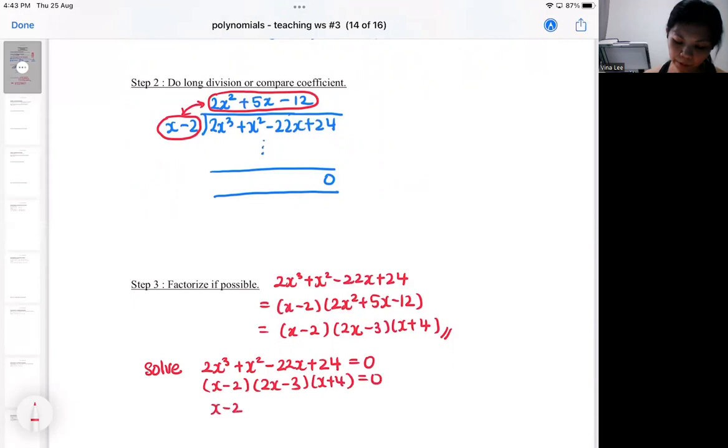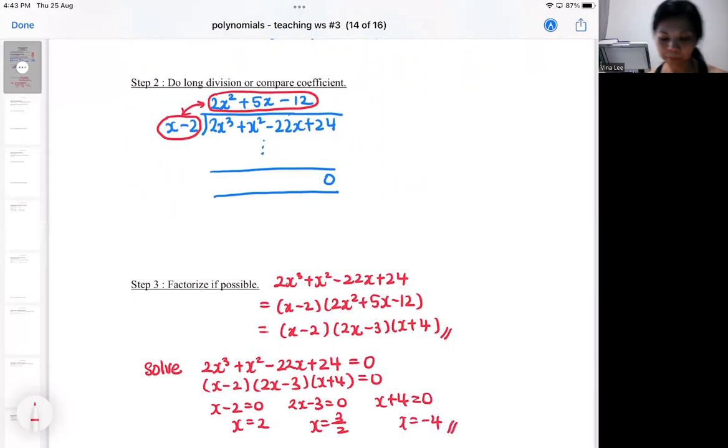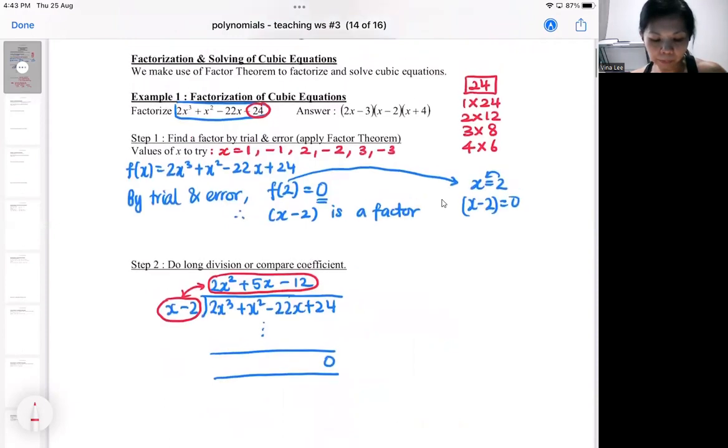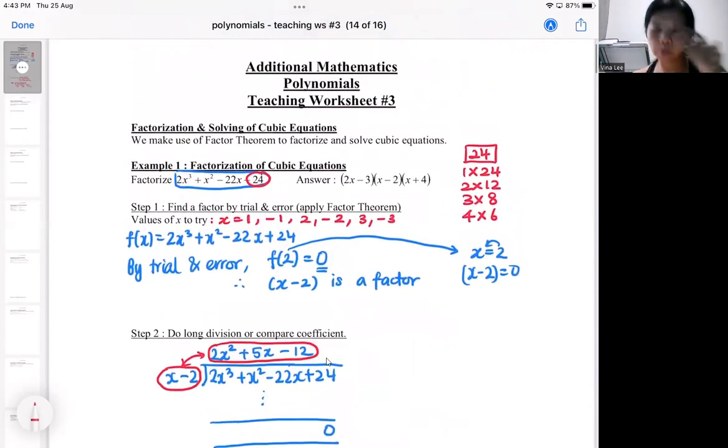So first bracket equal to 0, second bracket equal to 0, and third bracket equal to 0. So answer the question accordingly, whether you are asked to factorize or your job is to solve. If your job is to solve, it's just one step more than the factorized part. Okay, so that is the basic idea of how you factorize or solve a cubic equation.